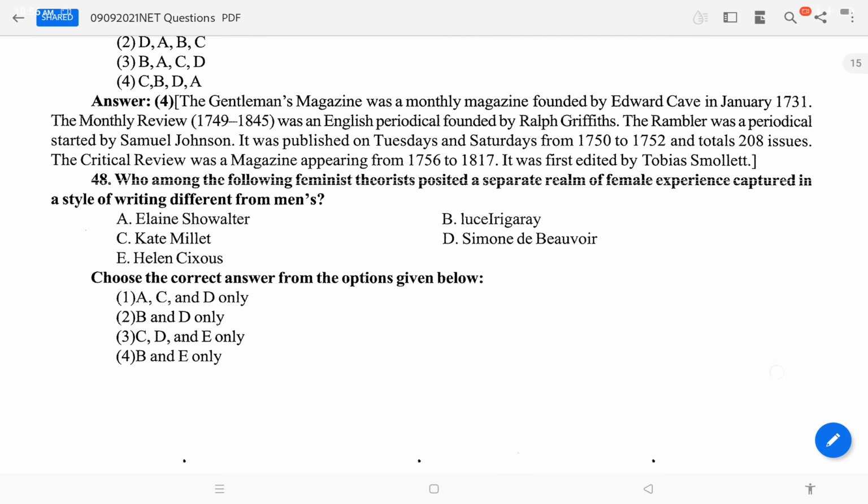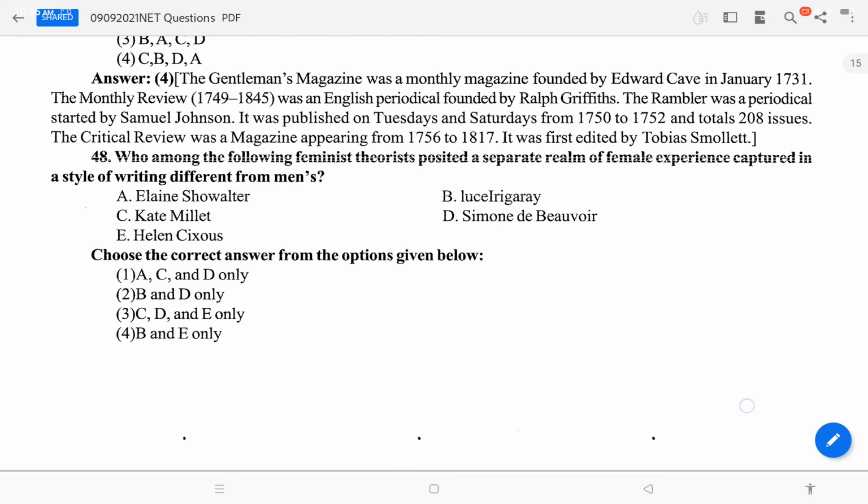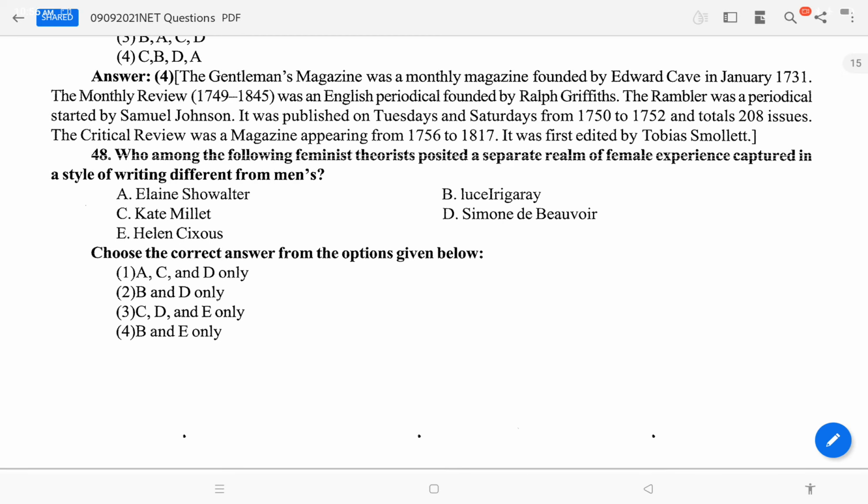Then the Rambler was a periodical started by Samuel Johnson. It was published on Tuesday and Saturday from 1750 to 1752, a total of 208 issues. Then the Critical Review was a magazine appearing from 1756 to 1817. It was edited by Tobias Smollett.